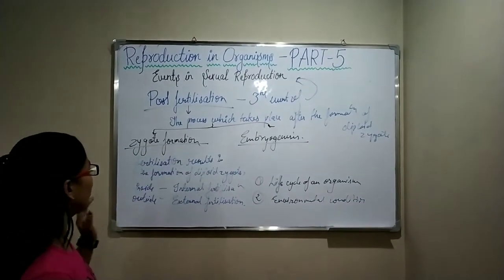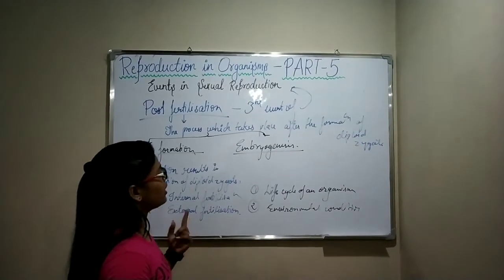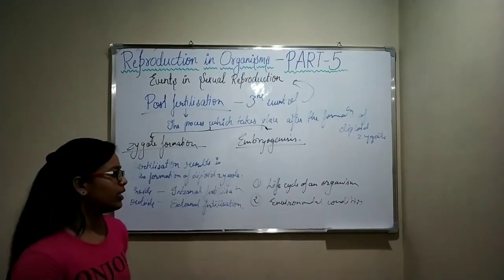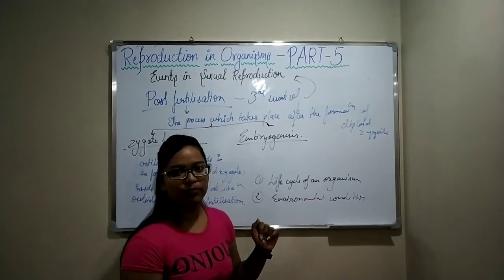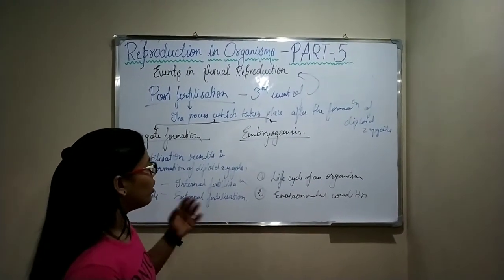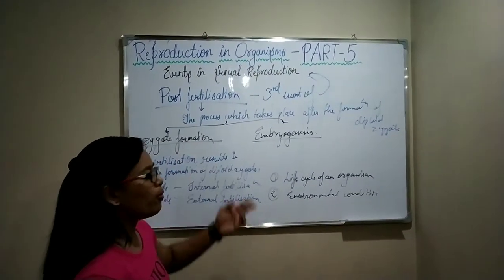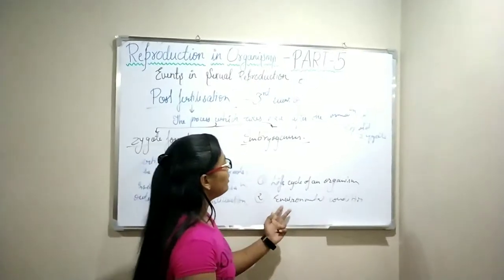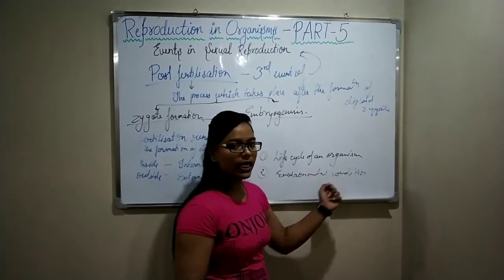Zygote formation, inside or outside, internal fertilization or external fertilization, depends on the life cycle of an organism. Means, according to the life cycle of an organism, the zygote will form further. And it also depends on the environmental condition.